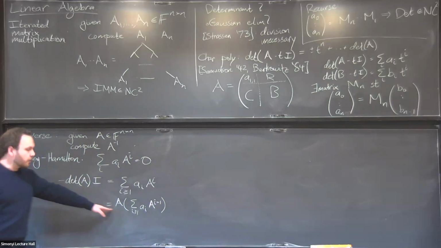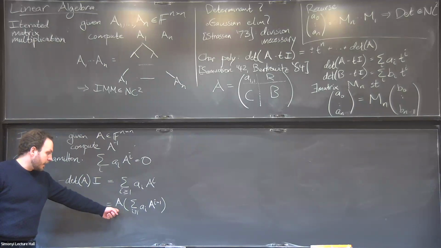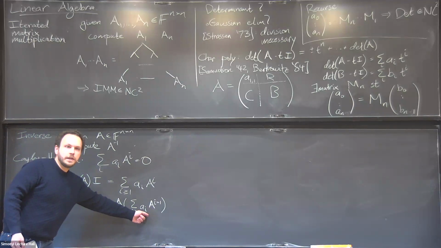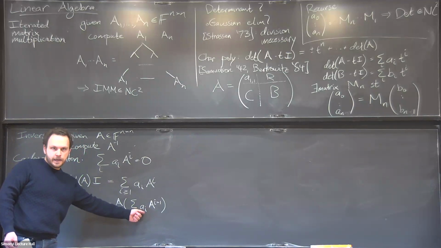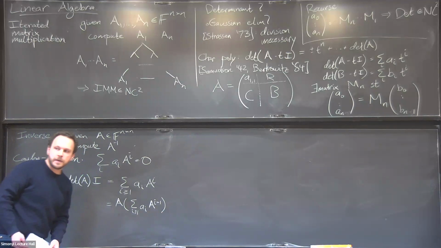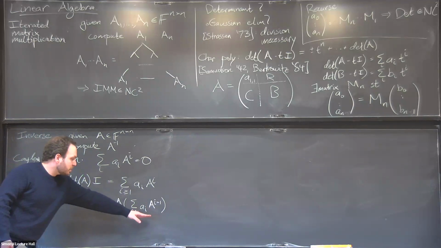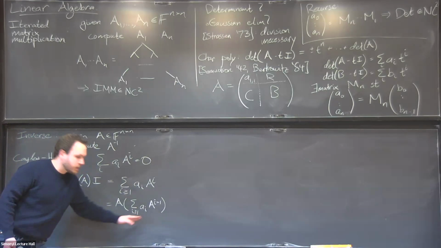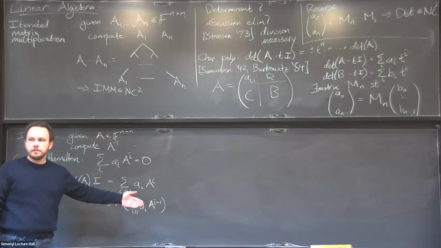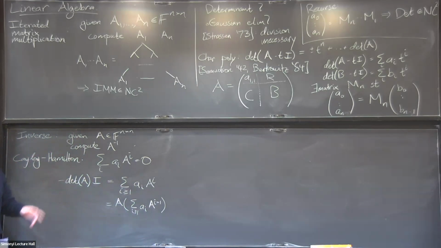And you'll notice now I have two matrices which are multiplied here. I have A, and I have this linear combination of powers of A, right? I can compute these powers in parallel. And you notice that this product, up to this scaling here, is the identity matrix. So this matrix here is the inverse of A, up to scaling. Right? And it's scaling by a factor that we can easily compute.